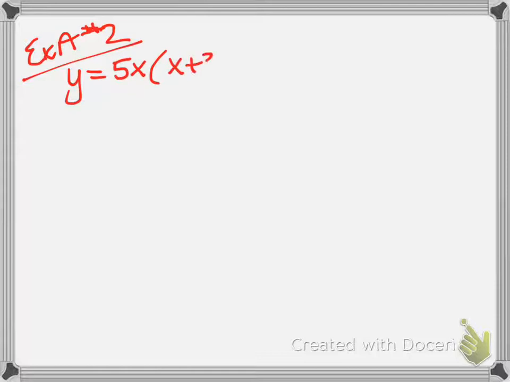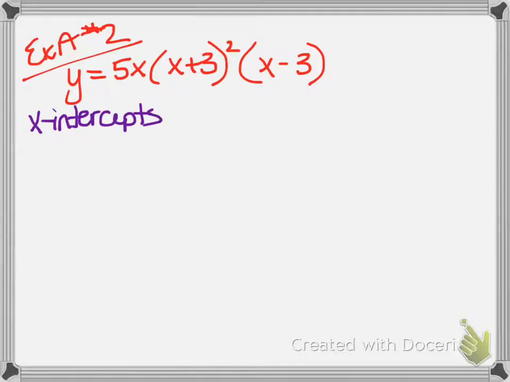Okay, example A, number 2. Okay, so here's the equation, y equals 5x times x plus 3 squared times x minus 3. Okay, so same idea. If I want to find x-intercepts first, y has to equal 0.